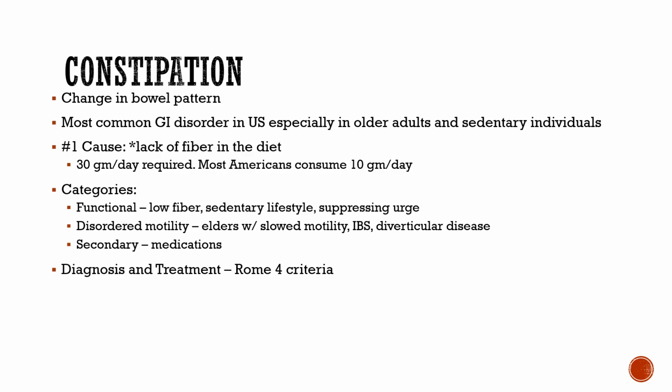There are categories for describing constipation according to the Rome 4 criteria. The first category is functional. That's usually related to low fiber, sedentary lifestyles and suppressing the urge to go. This happens a lot when people are in unfamiliar settings and they do not feel comfortable emptying their bowels.